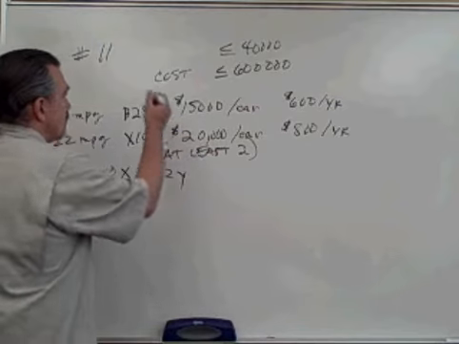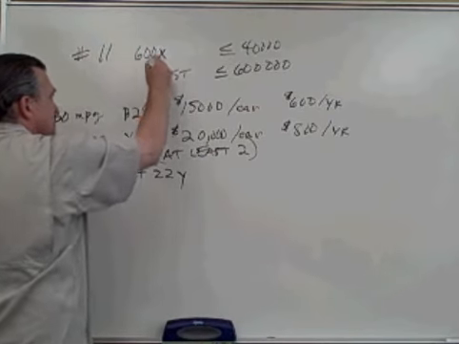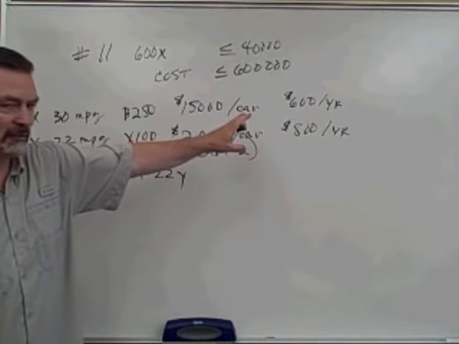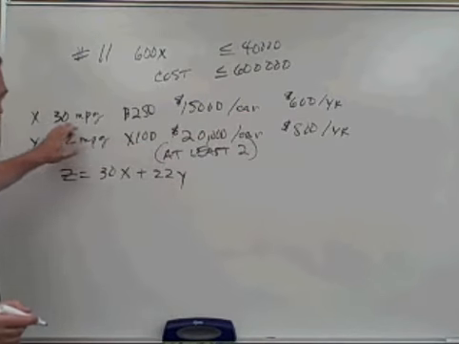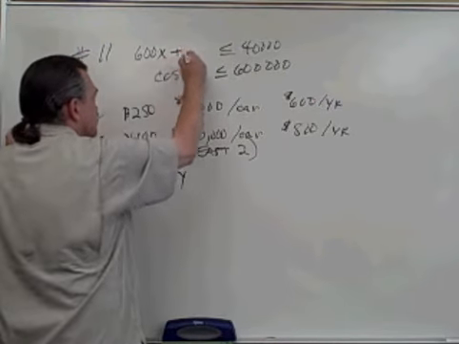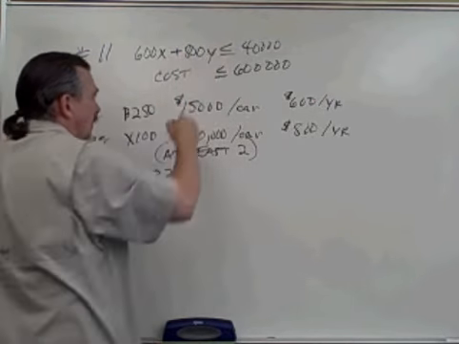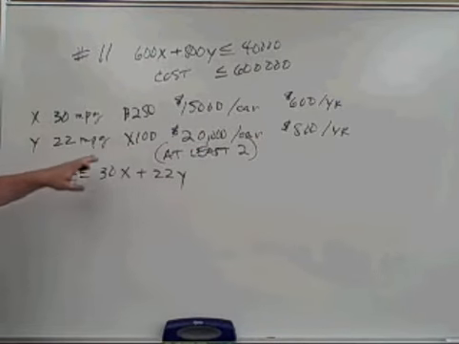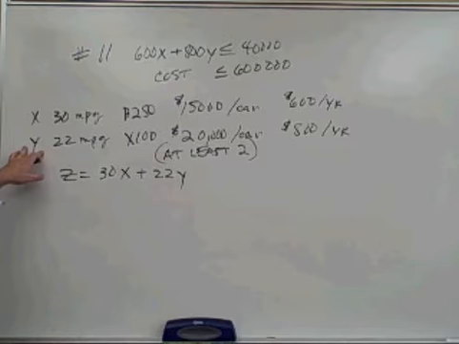So wouldn't 600X represent the total amount of money we're spending for maintenance on the X B250s we buy, plus 800Y? Wouldn't that represent the total dollars we are spending per year on maintenance for the Y X100s we're going to buy?